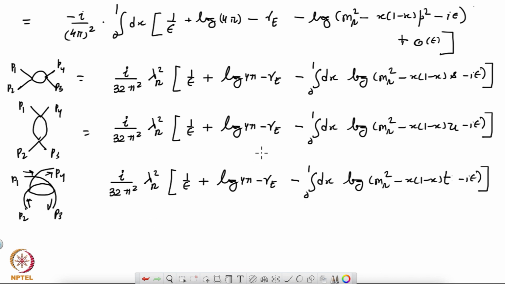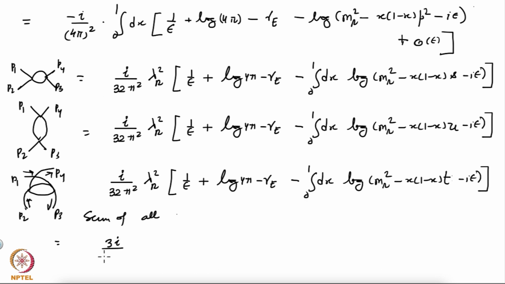Okay, so I have to add up all these. So let's look at the singular part of the sum of the three. Sum of all these is equal to, see these terms are the same in all the three, so it becomes 3 times of that.